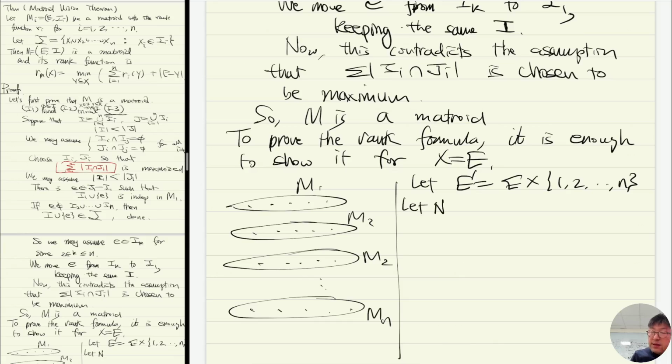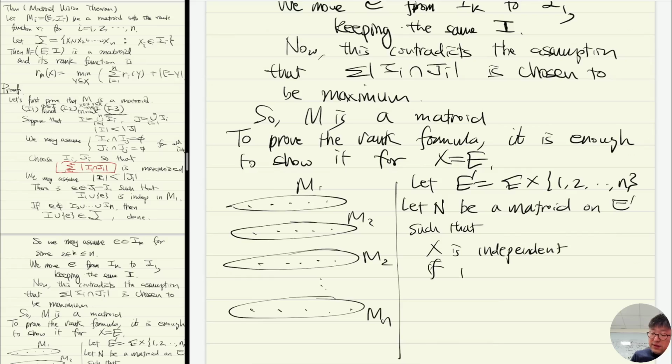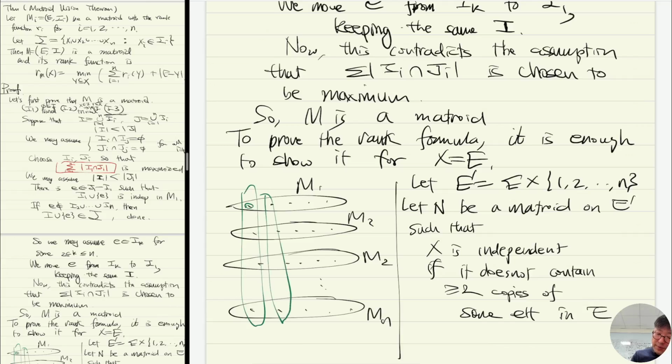And then let N be a matroid on E prime such that X is independent if it does not contain more than one copy of some element in E. So let me think of it as a column.